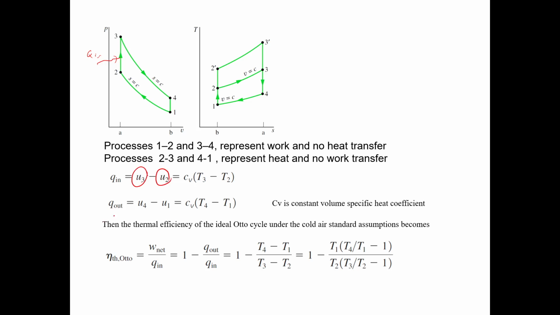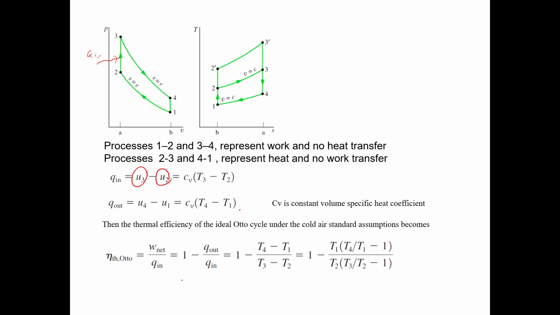The same thing we can write as Cv times T3 minus T2. Cv is the specific heat coefficient at constant volume. Then Q out we can write U4 minus U1, again Cv times T4 minus T1.